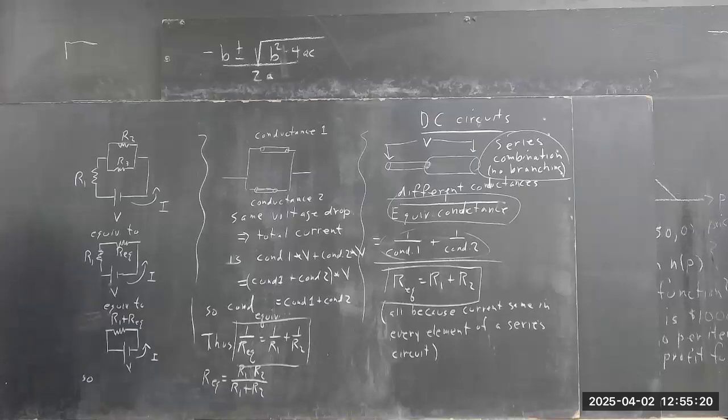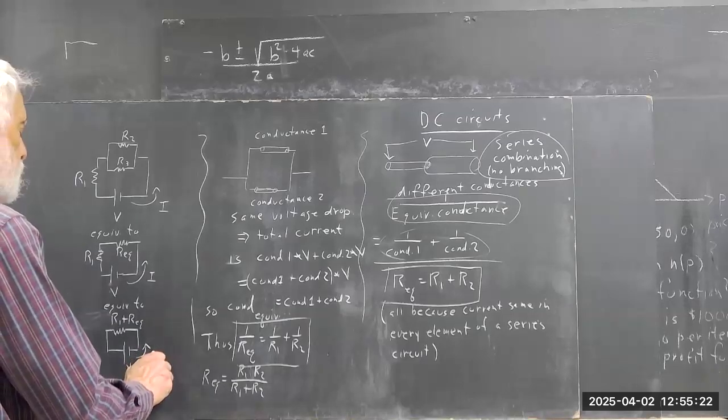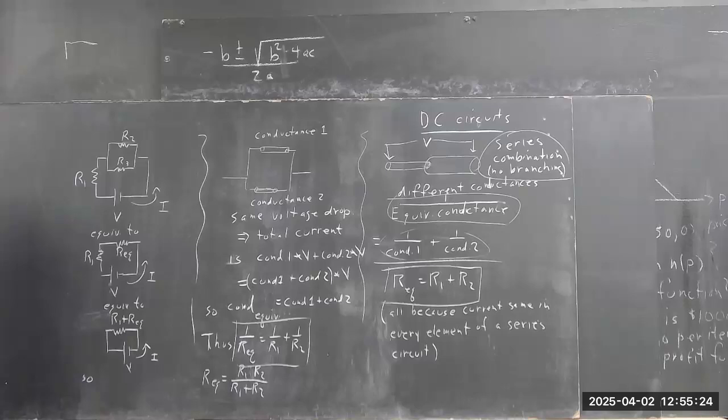So I want to talk about voltage drops. The drop across here is negative because the voltage increases. This is negative, this is the positive terminal, so the voltage increases.